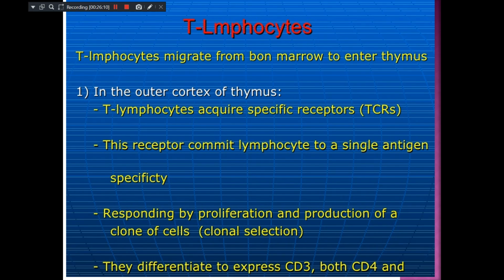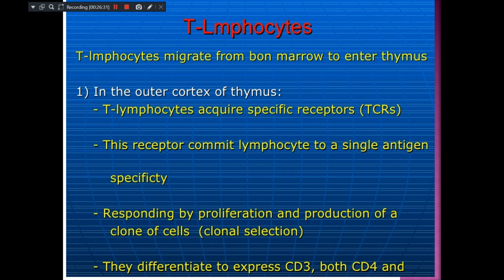When they enter the thymus, especially the outer cortex of the thymus, the T lymphocytes start acquiring specific receptors. That's why they are called thymus derived lymphocytes. T lymphocytes means thymus derived lymphocytes.